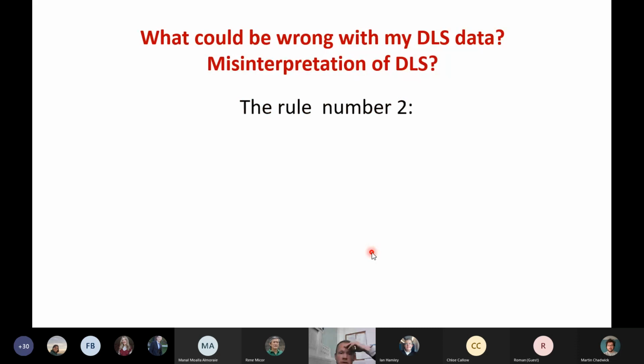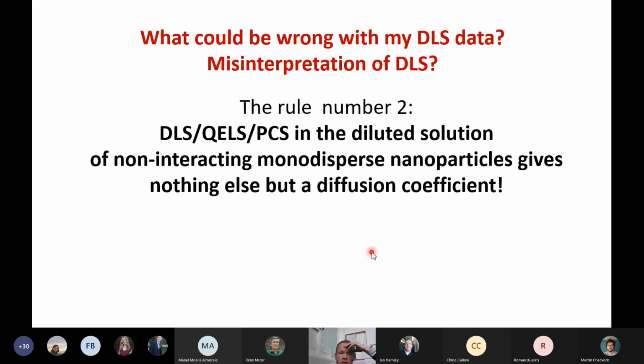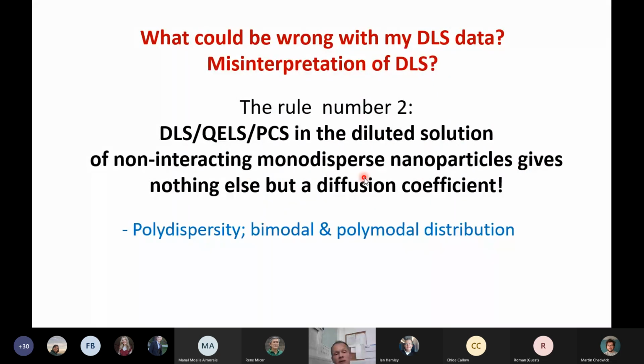To answer this question, you have to remember rule number two. Dynamic light scattering in a diluted solution of non-interacting monodisperse nanoparticles gives nothing else but a diffusion coefficient. So it's highly possible that your solution is polydisperse. It might be a bimodal or polymodal distribution. You have two types of particles, let's say proteins and their aggregates. This is a classical example of what you might have in your vial.